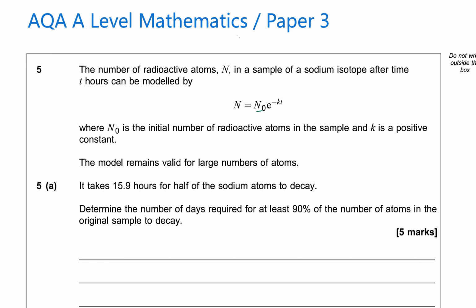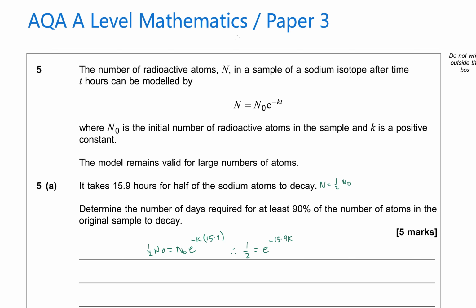So N would be equal to half of N0. Then I can write half of N0 is equal to N0 times e to the power minus k times 15.9. Cancelling N0, I can write half equals e to the power minus 15.9k.